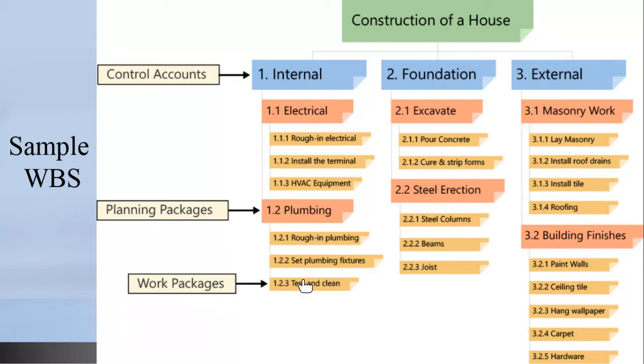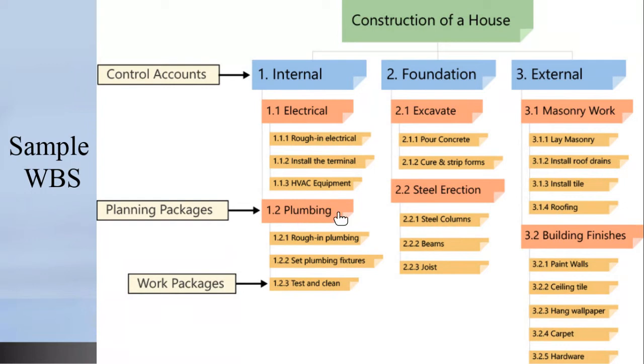And you're going to test and clean the system. These are three individual work packages for which you can indicate resource needs, the time to do them, and the cost to do it. When you add up all of these work packages, it gives you a value. It gives you a cost.